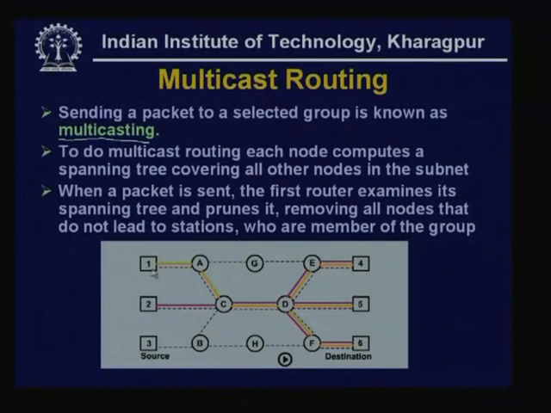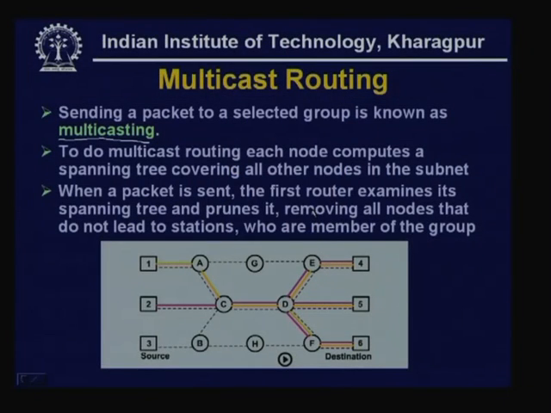Here, for example, if this node wants to broadcast something, it will do the flooding and it will reach all the stations. In that case, the routing algorithm will be simpler. There will be no need to form a spanning tree, or the processing needed in each of the nodes will be smaller. However, we already know the limitations of flooding, but it is a very robust technique for broadcasting. That is why flooding is used in many situations for broadcasting purposes.